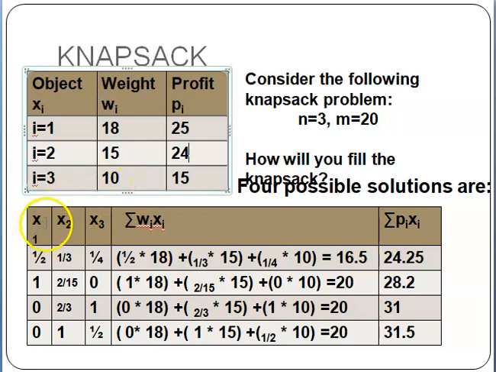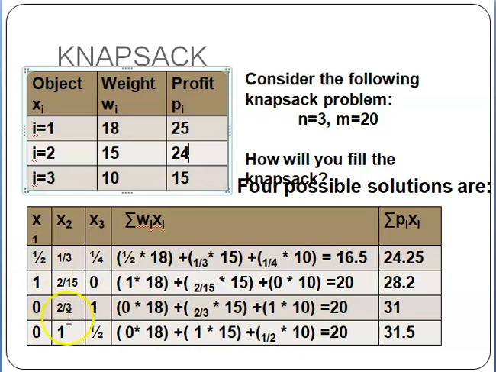Now, x1, x2, x3 is going to be our final solution, in which we give how much of each of item 1, item 2 and item 3 will be taken. Our objective function is profit times xi, so we calculate the profits, and the weight function will be wi times xi.